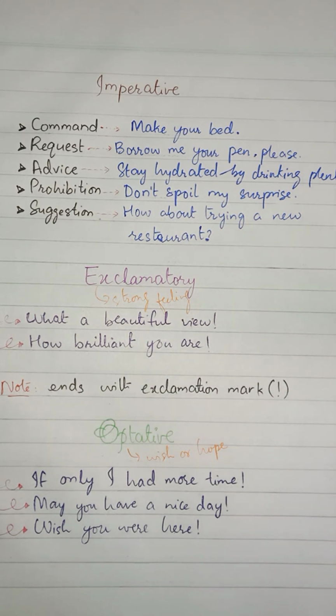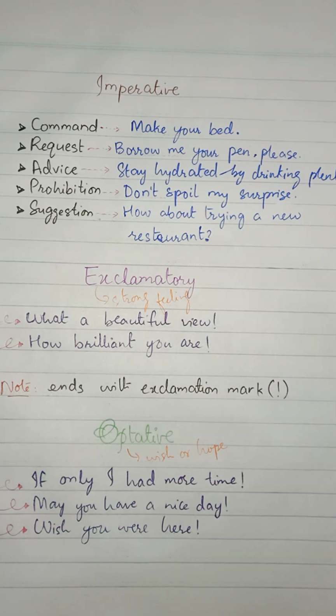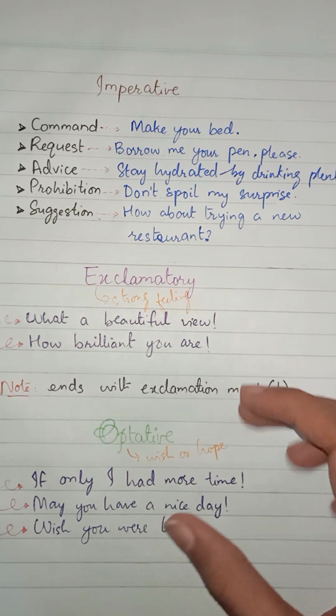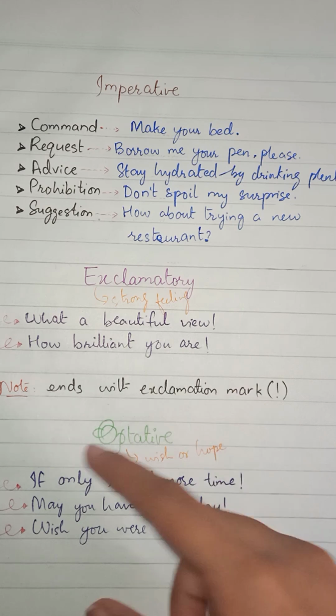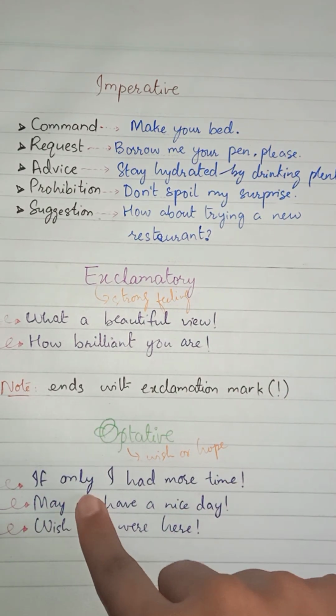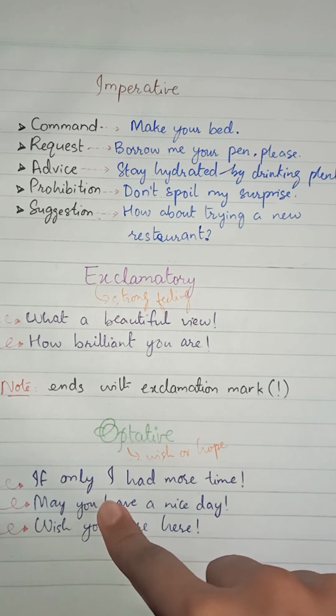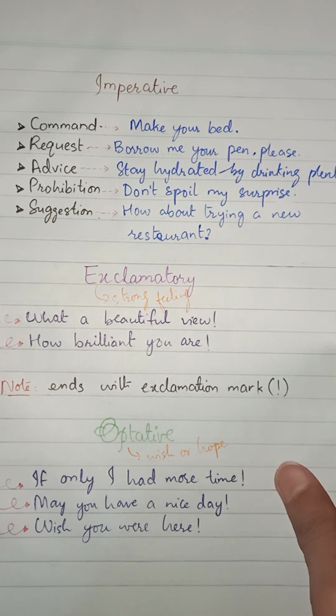That usually happens in brown families. But you are saying that if only I had more time, that means you don't have time, so the meaning is, I wish I had time. It shows a wish that is not possible. So when you use if only, you are wishing for something that's not possible at the time being. So that's an example of an optative sentence.